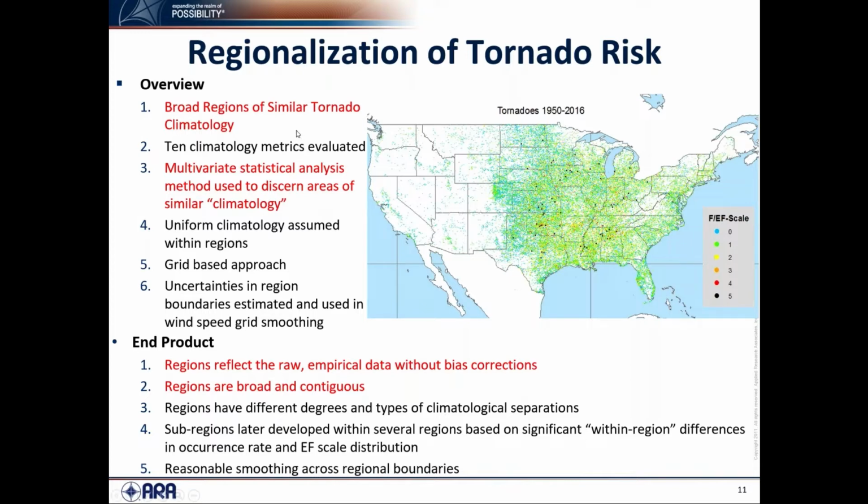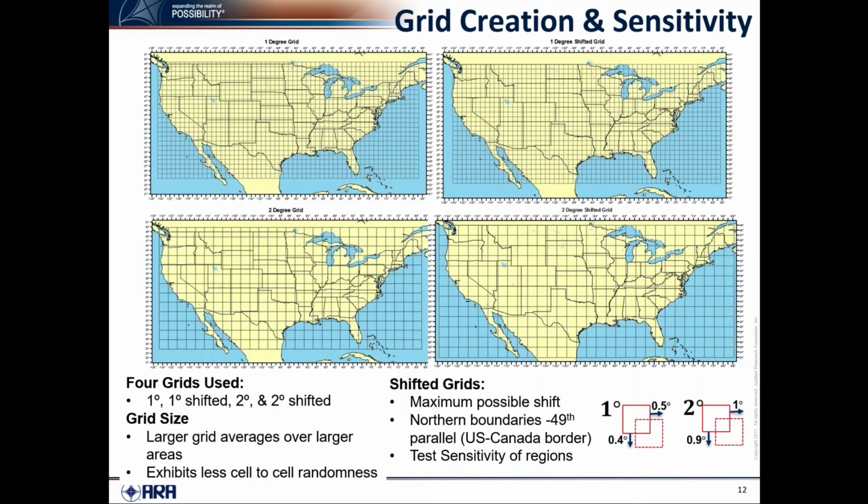And so our first major task was to figure out how do we regionalize, how do we capture these regional differences? What are the regions? What is the nature of those, and how do we capture those regional differences for purposes of developing our hazard maps? So one of the ways that we did this is we started out by putting a 1-degree grid across the United States. We worked with 2-degree grids.